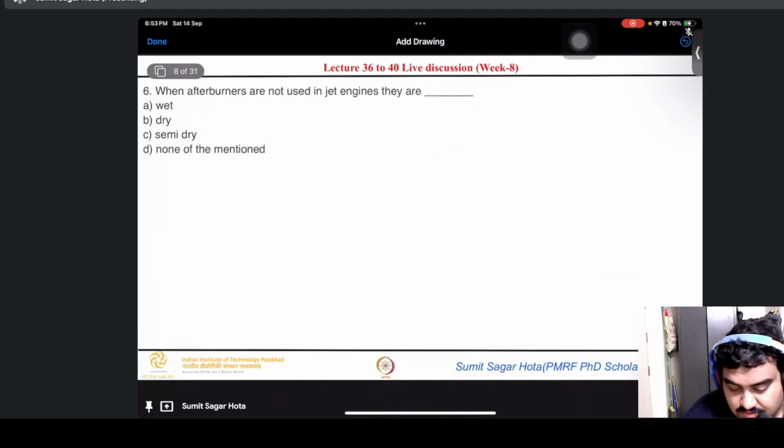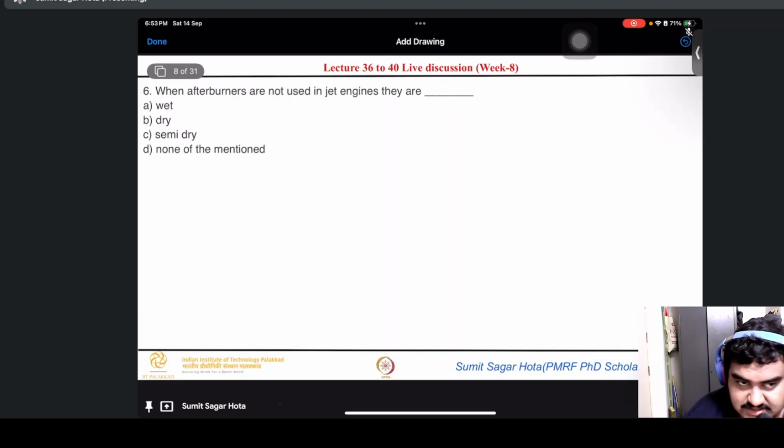As the name suggests, the afterburners are placed after the burner. After whatever combustion happened, everything is over, then to reuse the exhaust gases, these afterburners are used. And what is the nature of exhaust gas? The exhaust gas is always a dry gas.